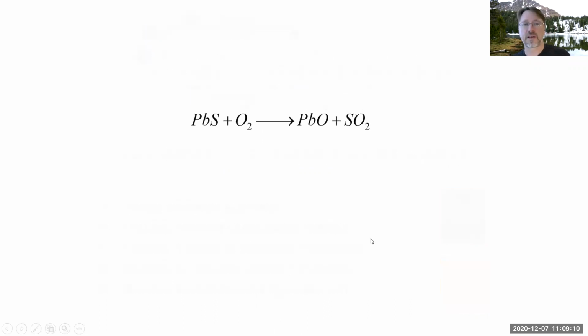Okay, so here's an example. We're going to practice this. So step 1, remember, is to assign the oxidation numbers. The PbS is an interesting case because PbS doesn't have anything in the rules, does it?